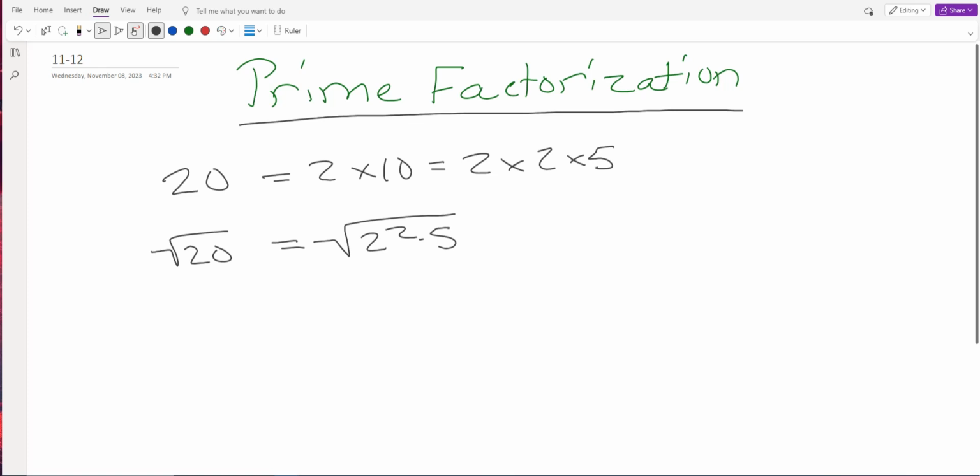So this is the same as saying the square root of 4 times the square root of 5. And since the square root of 4 is equal to 2, we can write this as 2 square root 5. And that's one of the many examples of why prime factorization is important.